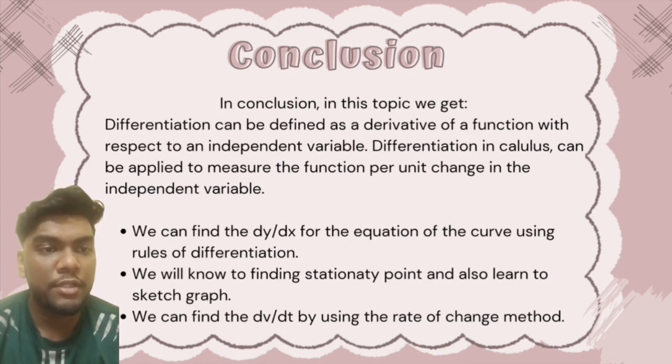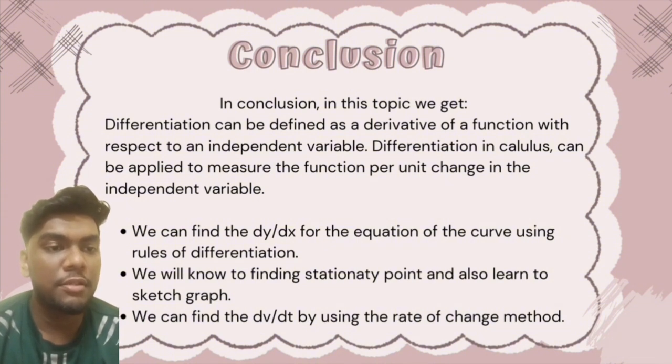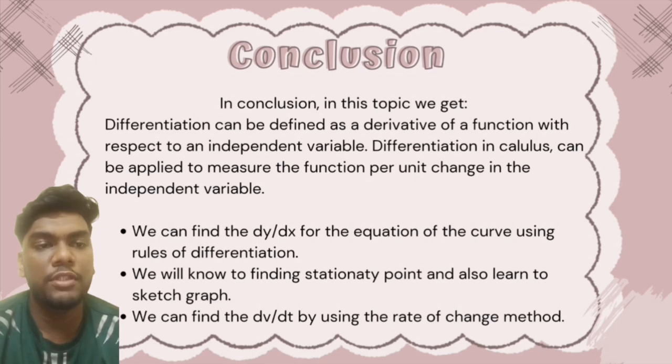One, we can find dy over dx for the equation of the curve using rules of differentiation. We will know how to find stationary points and also learn to sketch graphs. Lastly, we can find dv over dt by using the rate of change method.